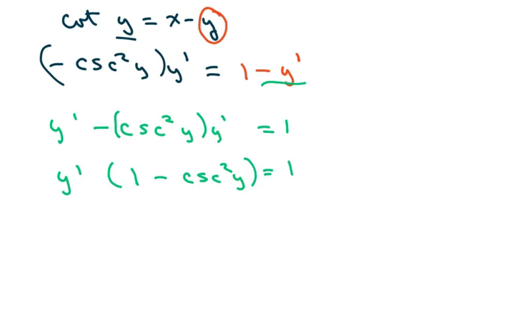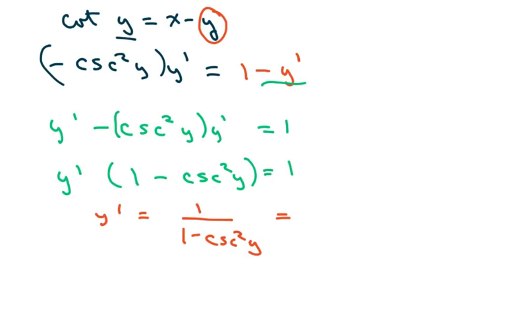So this is going to end up being y prime equals 1 over 1 minus cosecant squared of y.